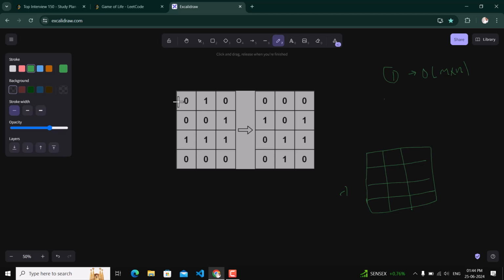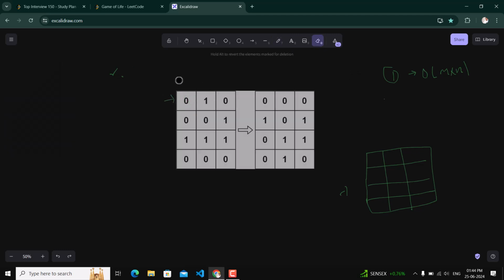Now we can iterate through this matrix by row and column, and for each cell we can find its neighbors and determine whether it will be live or dead in the next stage, and keep the value here. Now let's dry run this.